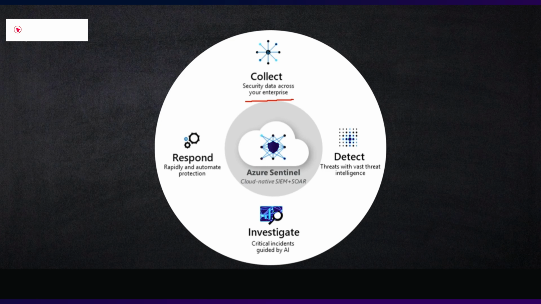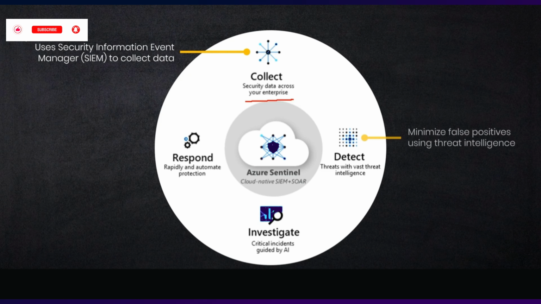Then we would move into the detection, where we would try to minimize false positives using good threat intelligence. So as part of the detection, we are focused on all of the data that was collected, and now we want to sort through it, and we want to make sure that we are not responding to false positives, because that takes a lot of overhead, it takes a lot of analysis and so on.